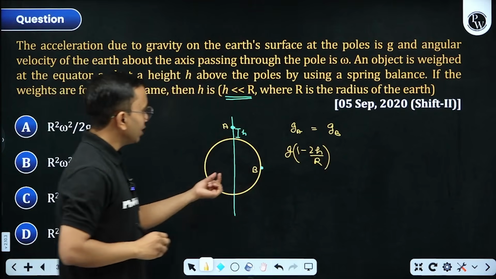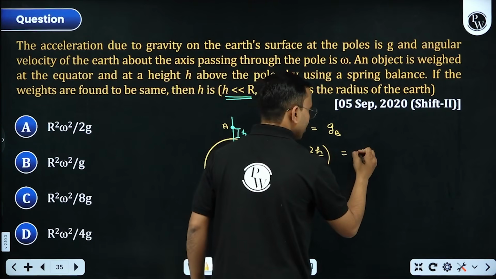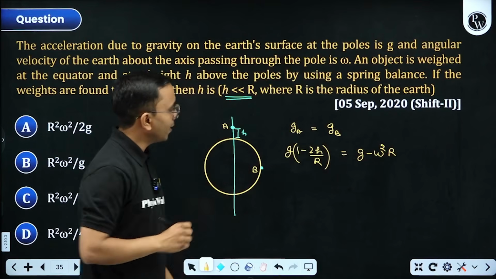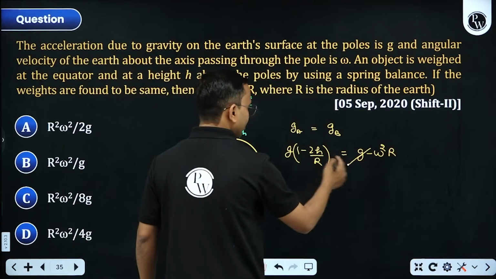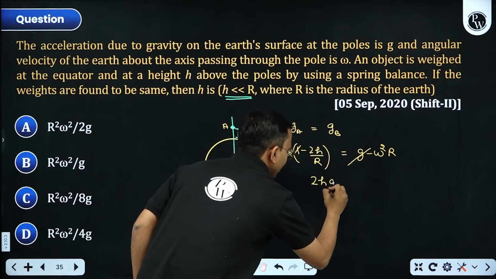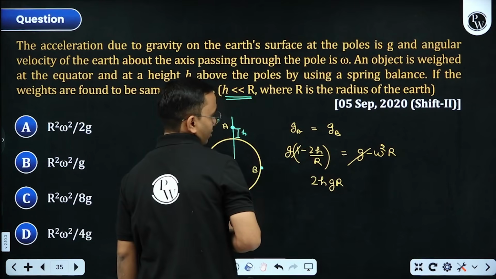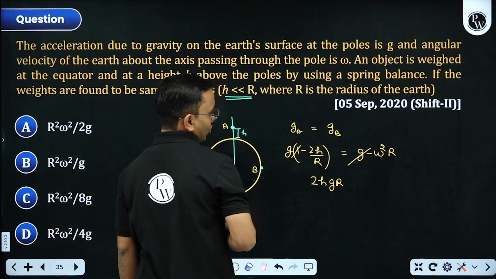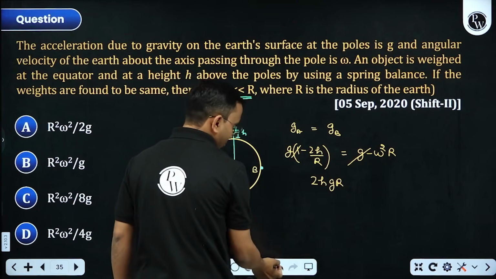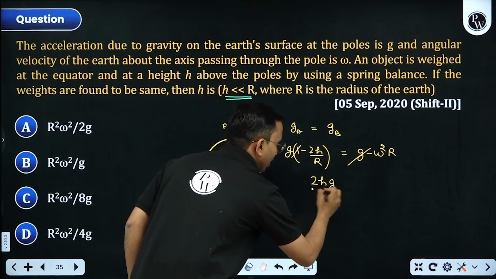What is g_B? g_B is g minus omega square r. Simple. So G will get cancelled here and we'll get 2hg by r.